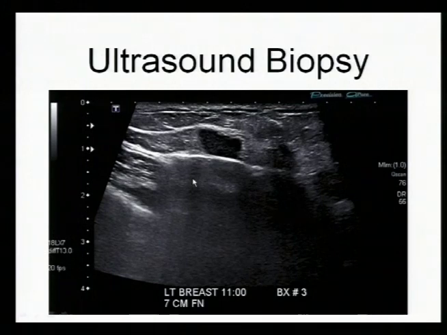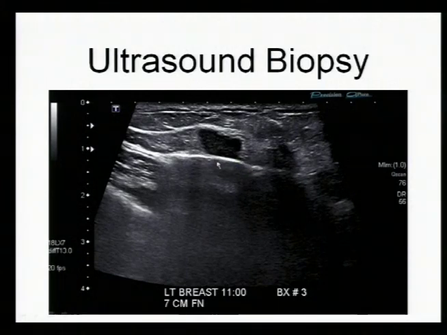Our third preference would be MRI-guided biopsies. Those tend to be logistically the most difficult biopsies to do, but occasionally that's the only way we can see pathology in the breast, so we can do biopsies that way as well. It's just logistically a little more challenging.